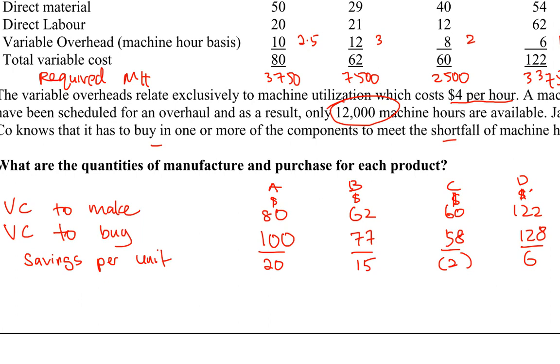Given over here. What is next? Will our decision be based on per unit? No, right? Per limiting factor. So what do I do? Divide by the limiting factor. My limiting factor is the machine hour.